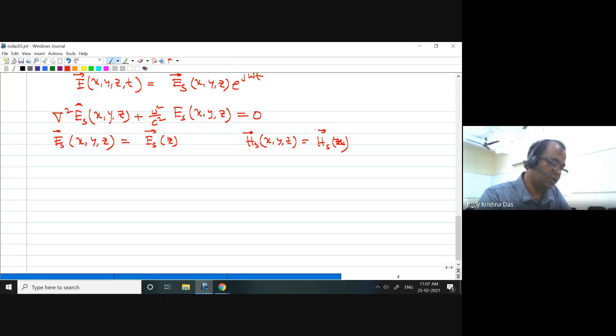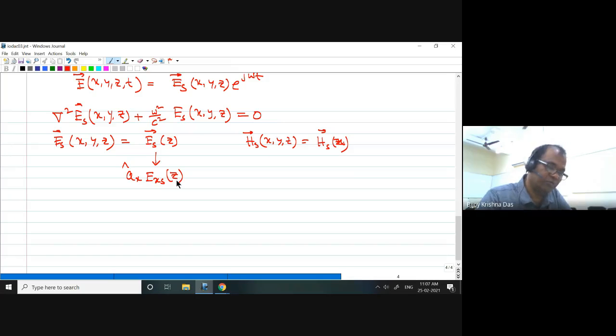Okay, and their vectors, that means their direction, need not be the same, they can be different. Assuming this again further, we consider it as only having x component, and it can vary along z direction.